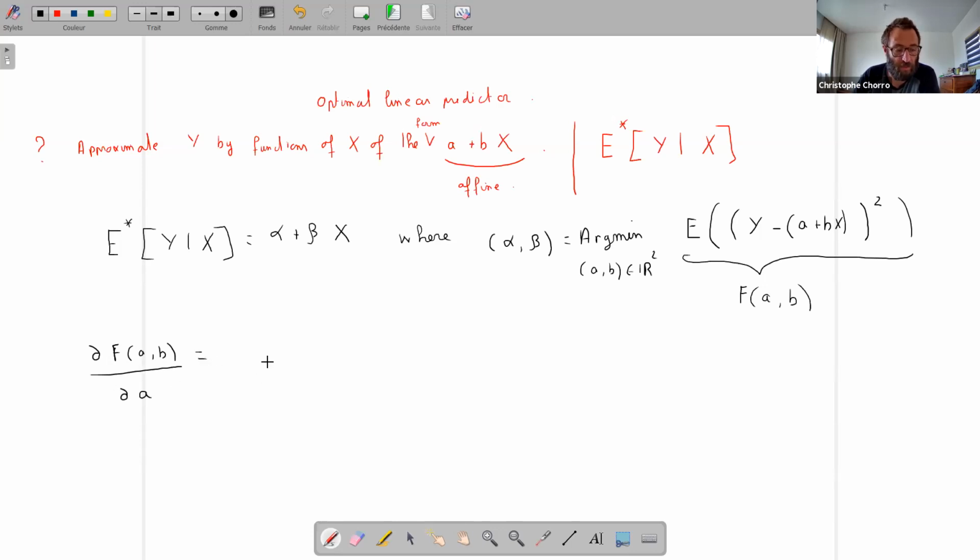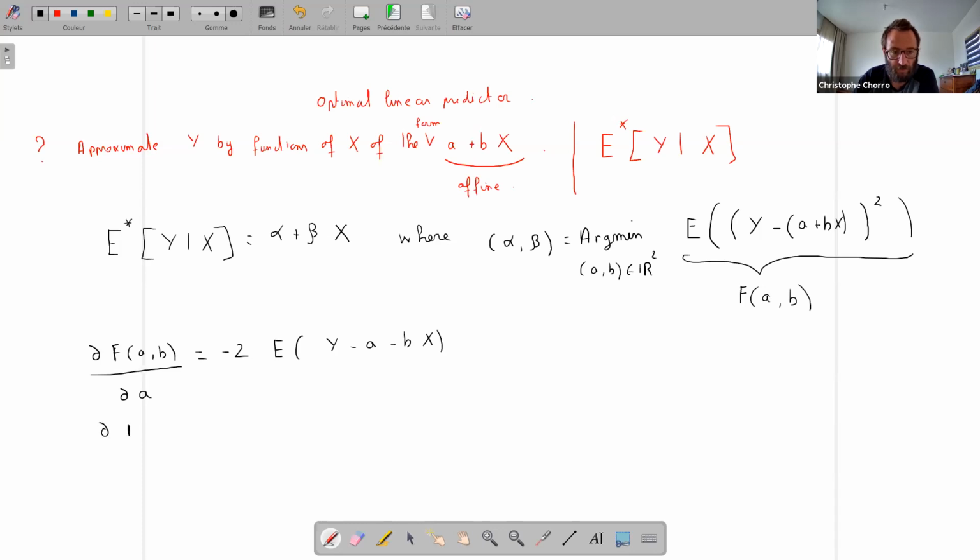So what is this, partial derivative? I won't enter into all the details of the computation because they are very basic. I develop the square and obtain a polynomial of order 2 in A and B, so it is very simple to compute the partial derivatives. I obtain, for the partial derivative with respect to A, minus 2 times the expectation of y minus A minus B x.